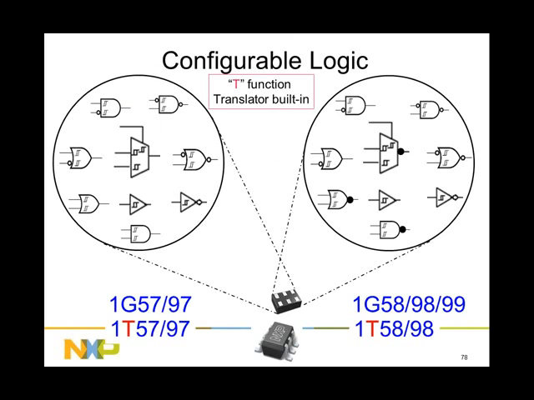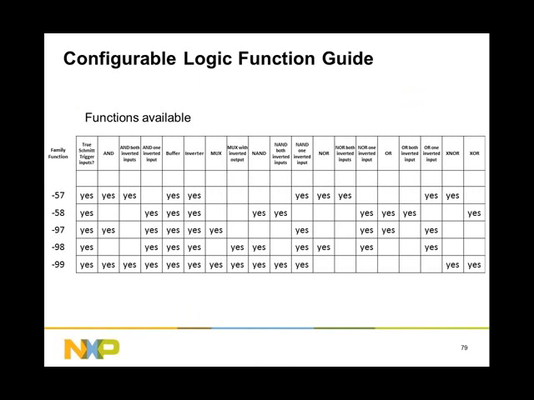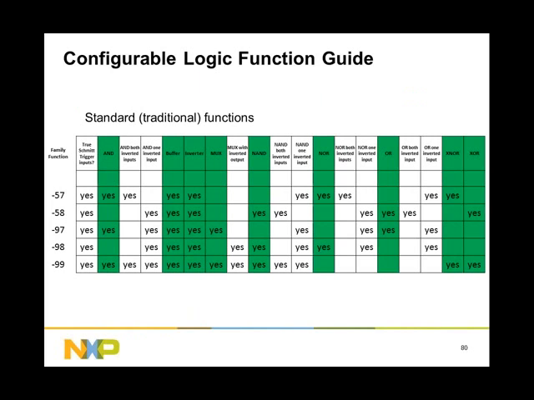All right, so now I show you here the 2 families, the 1G families with adaptive translation level shifting, and then the 1T family. Looking at some of the functions that are available from the 5 different basic functions, you can see that you get the AND gates, the buffers, the inverters, the muxes, NANDs, NORs, and ORs, and the XORs. And these are the traditional standard functions that are used in logic today.